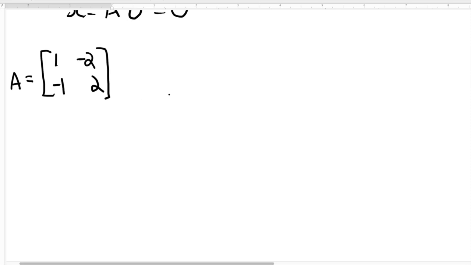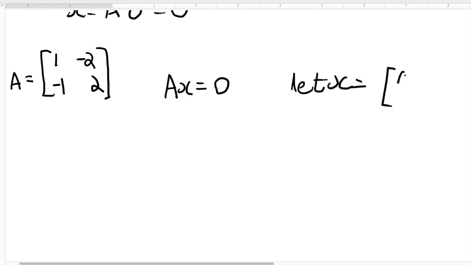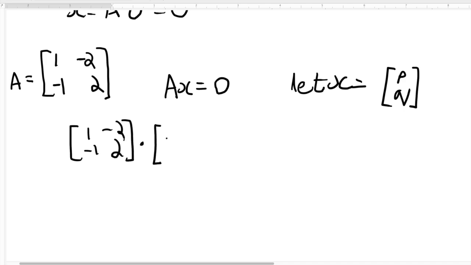So we have the equation Ax is equal to 0, and we know what our matrix A is. If we write this in terms of full matrices, and we let x equal (P, Q), then we will get the matrix with rows 1, minus 2 and minus 1, 2, multiplied by (P, Q), is equal to 0.